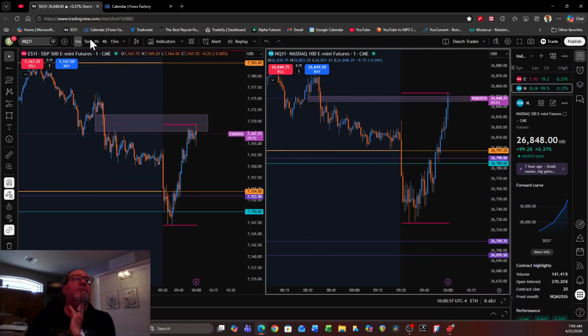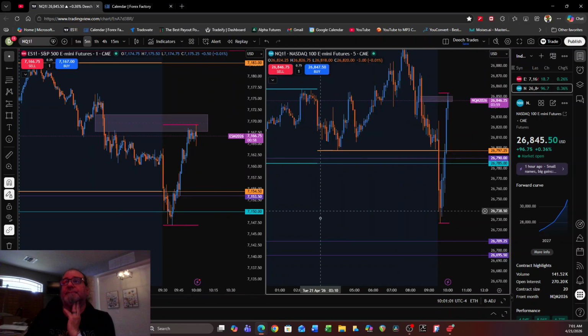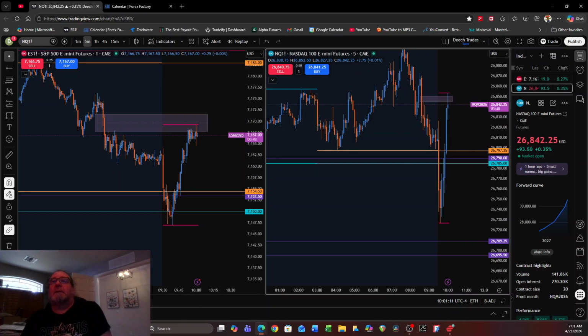Okay, if we inverse this gap, I'll get back in. We're testing it, but we haven't inversed it. We do need a pullback.